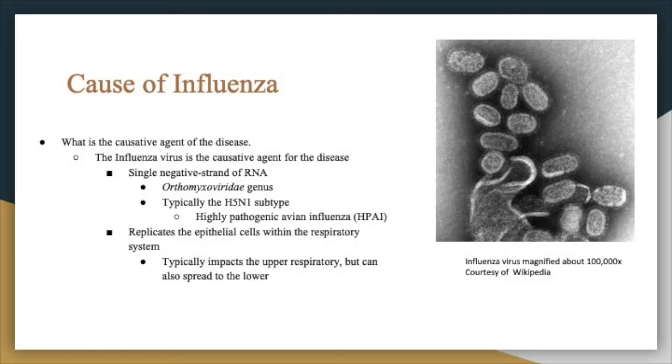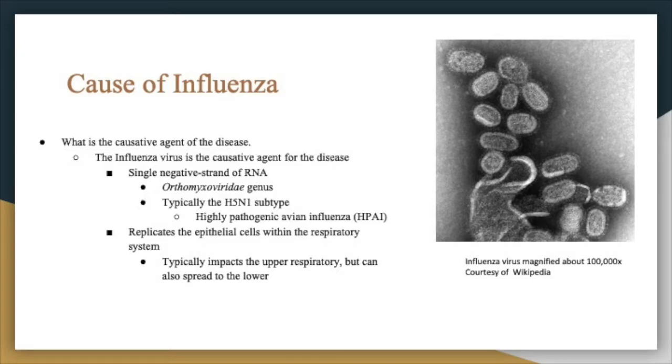The cause of influenza. The influenza virus is a causative agent for the disease, which means it's a single strand of negative RNA. It's also known as the orthomyxoviridae genus, and it's typically the H5N1 subtype that causes the typical influenza virus these days.